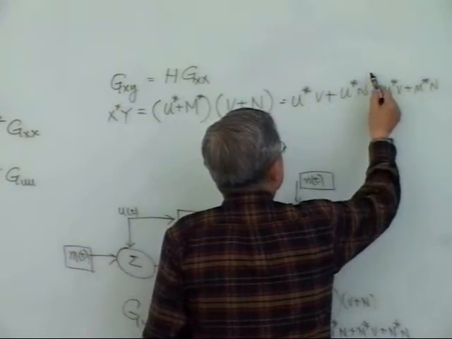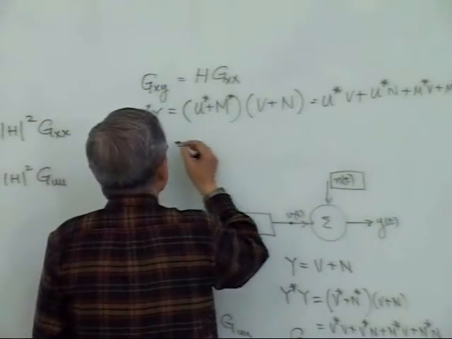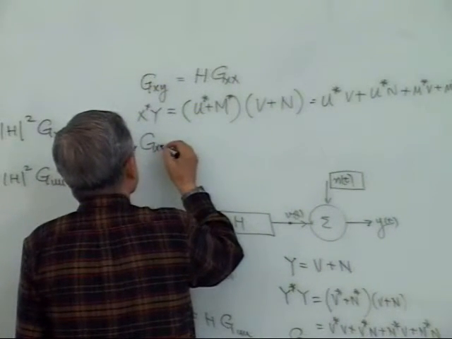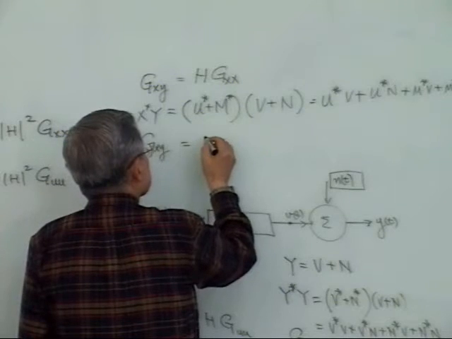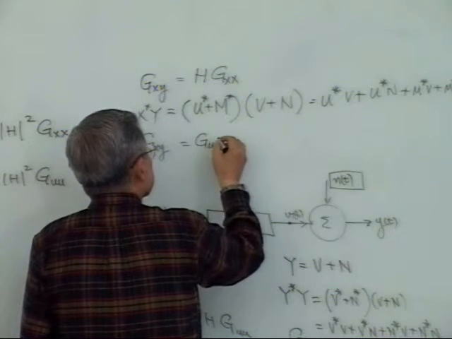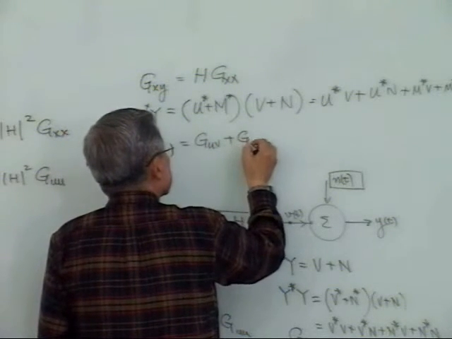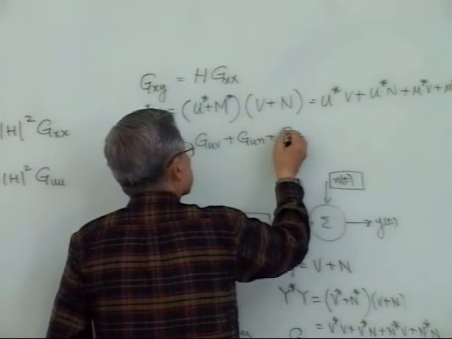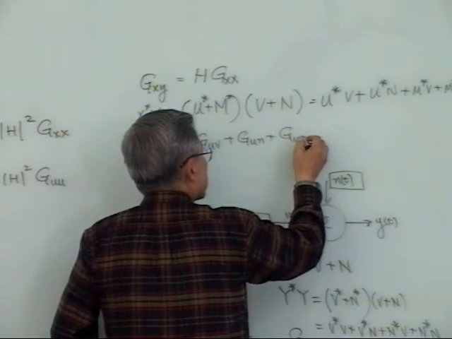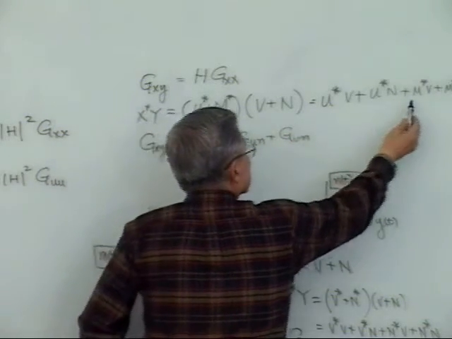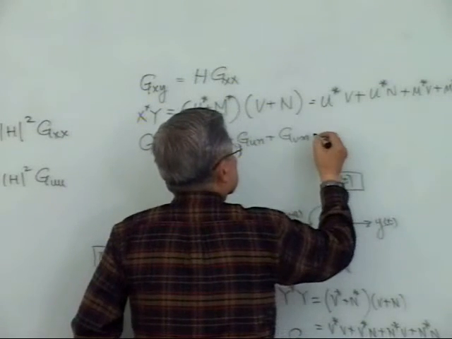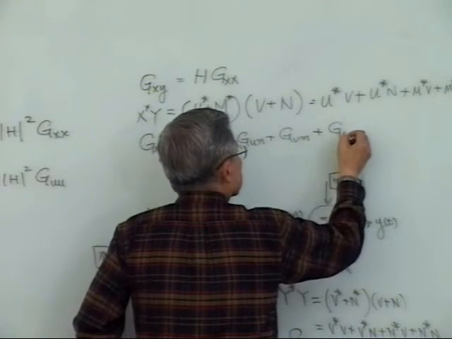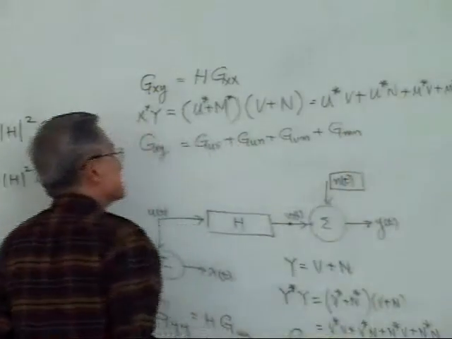So then noise terms. GXY is equal to GUV plus GUN plus GMV plus GMN.